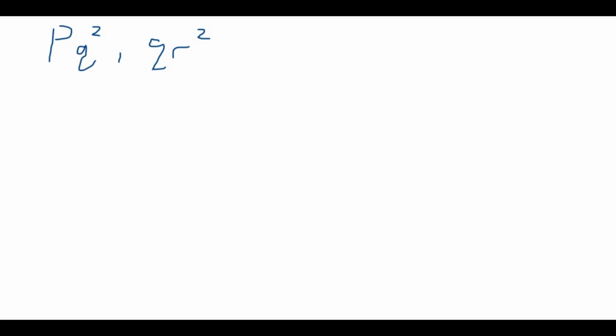Now also feel free to try and work this out on your own. Like the previous example, we're going to start by drawing a table and write the figures inside. PQ squared and QR squared.